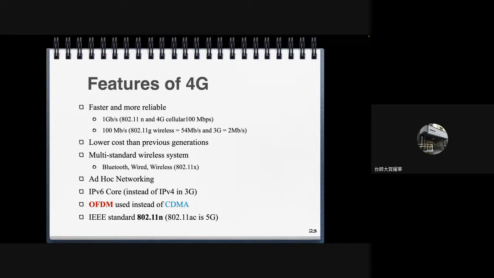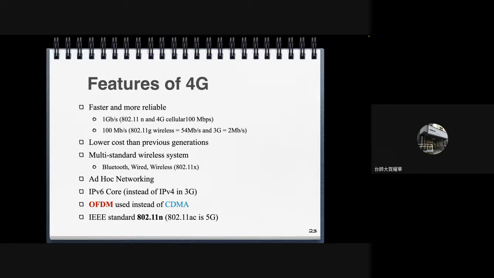It has multiple standards on the wireless system. You can have Bluetooth and wireless, and they are able to somehow allow you to connect to the fourth generation AP. Also, fourth generation uses IPv6 instead of IPv4 as in third generation, because IP addresses are running out. So fourth generation adopts IPv6 technology.